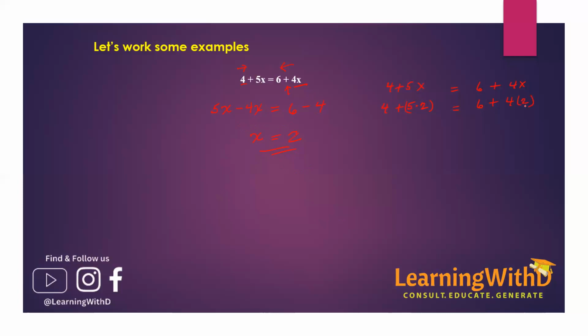We're checking to see if 2 is in fact correct. So 4 plus 5 times 2 is 10. And 6 plus 4 times 2 is 8. 4 plus 10 is 14. 6 plus 8 is 14. This is mathematically true. 14 is equal to 14.